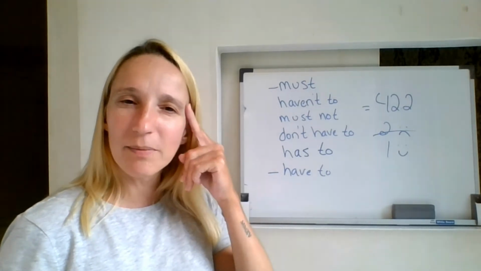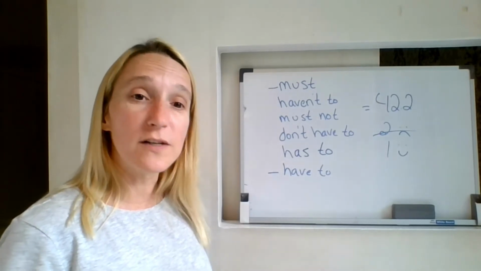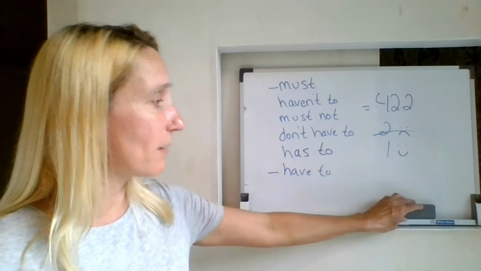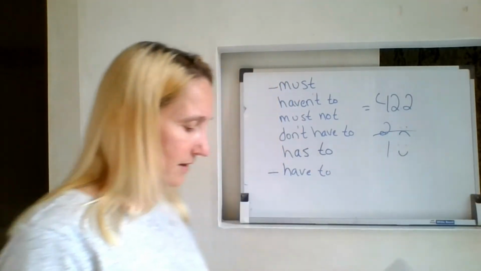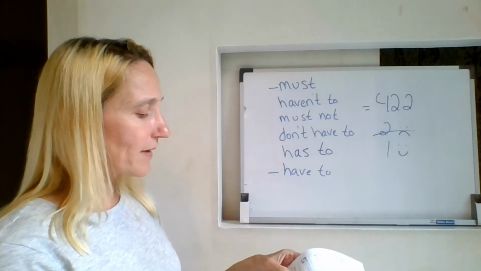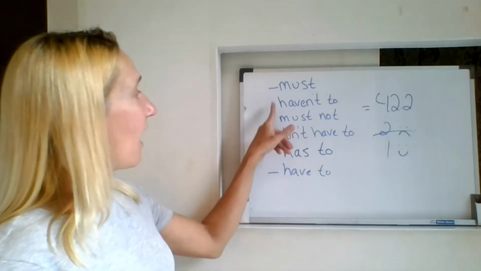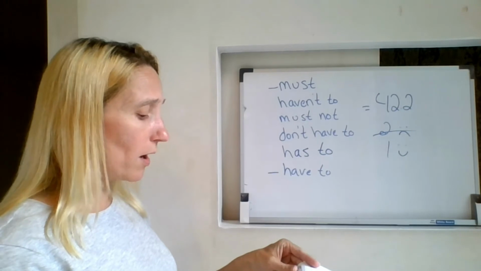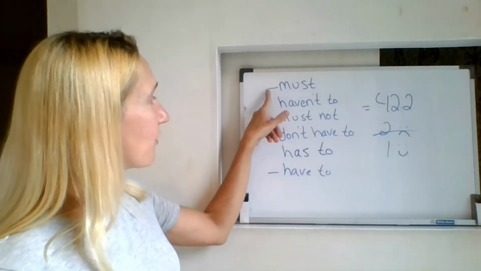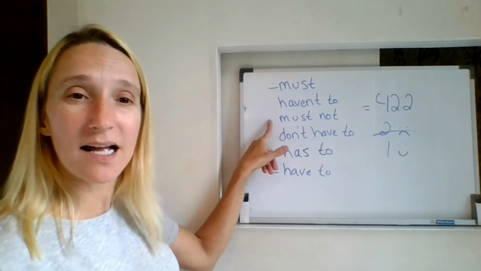Now that sounds complicated now, but let's do the first one, the example together, and then hopefully you'll be able to better understand. So the first sentence, sentence one, it's you, and it says must, haven't to, or must not are our options. So it's either must, haven't to, or must not. Which one?